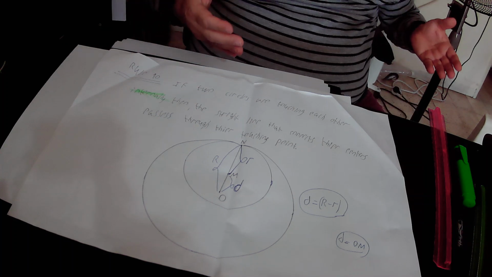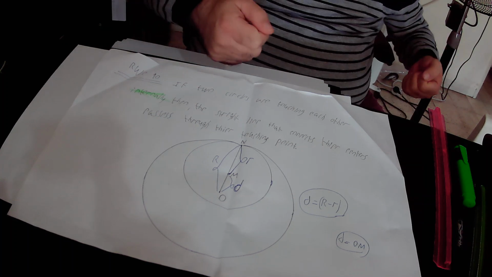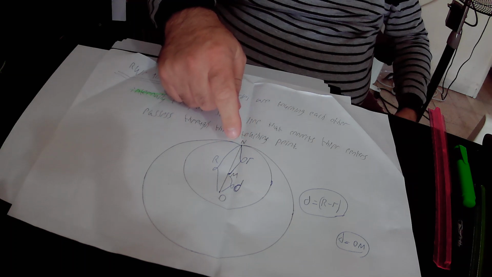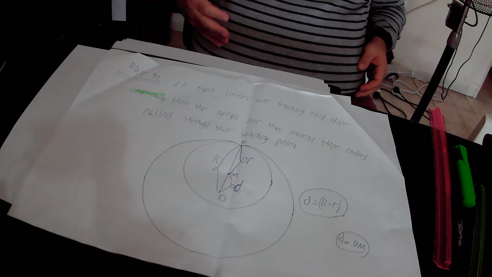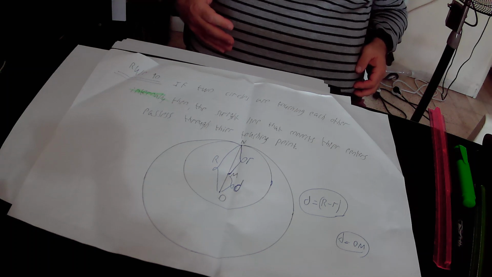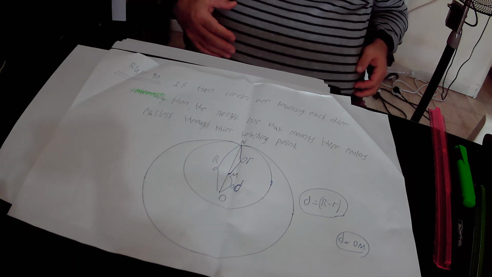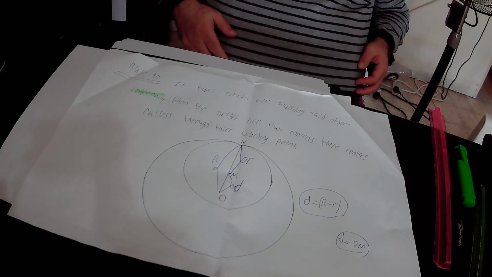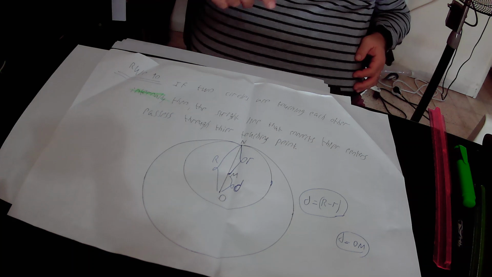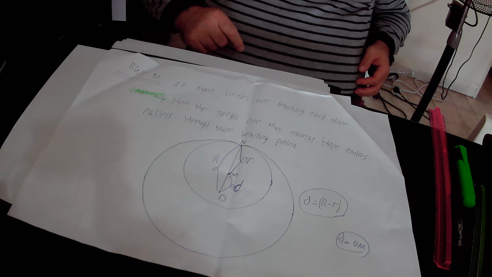So in conclusion, the distance between their centers, OM, equals capital R minus small r. Whenever two circles are touching each other internally, the distance between their centers is equal to the difference between their radii, in this case capital R and small r.